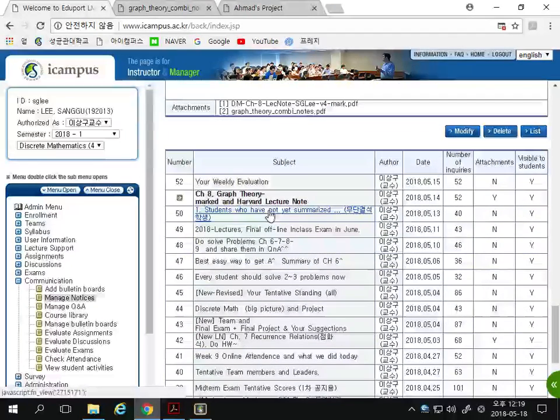I checked this and it was reflected in the weekly evaluation. And we will have a final offline in-class examination in June.